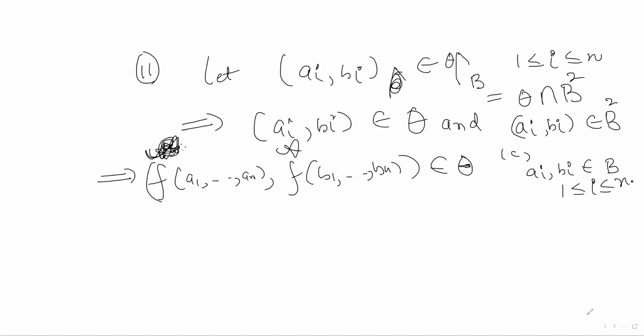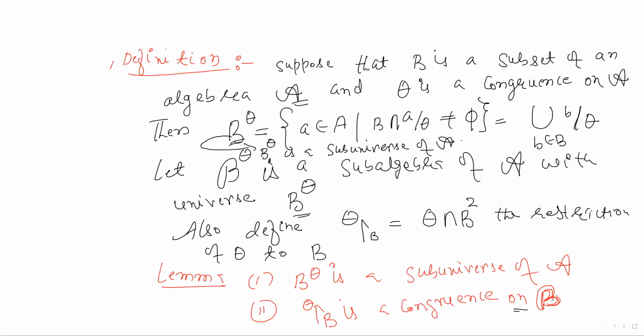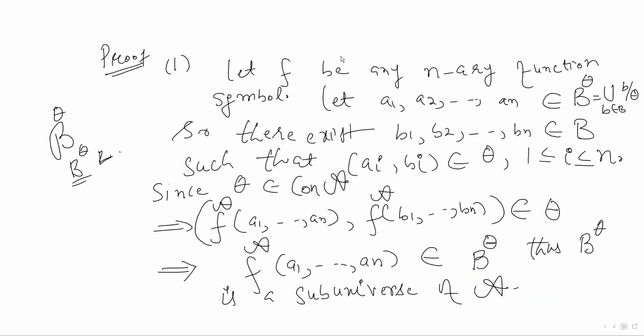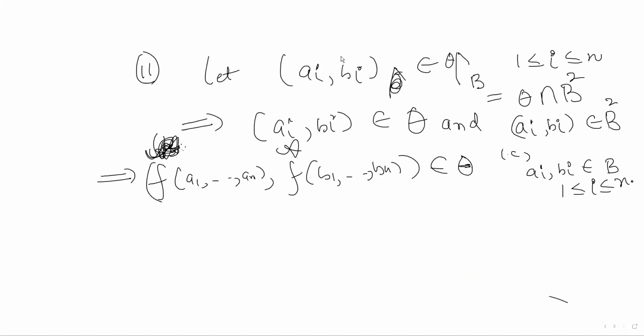So I have to show that theta restricted on B is a congruence on B, this algebra B. So it means I have to choose the operation on this algebra. Therefore I should have here f_B. So this means what? So it belongs to theta.